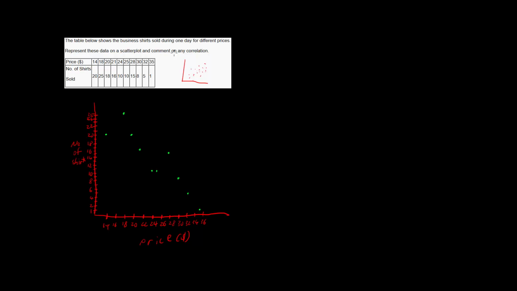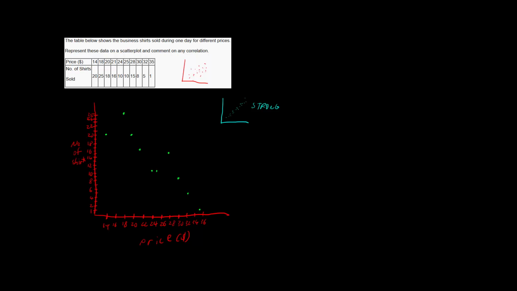Okay, the last part is we've been asked to comment on the correlation. So correlation is basically seeing if it's strong, weak, no correlation, somewhere in the middle. Even looking at the slope, is it positive or negative? The strength is based on how close together the points are. So this would be strong because the points are really nice and close together. We can see a trend.